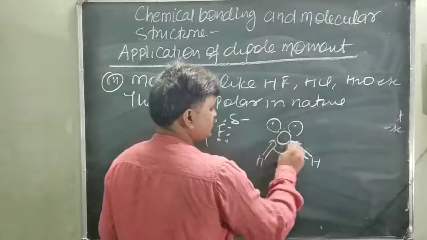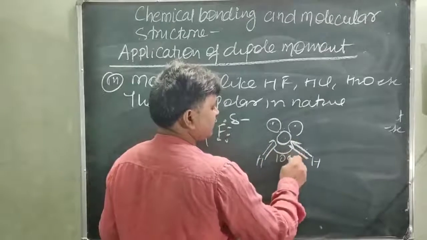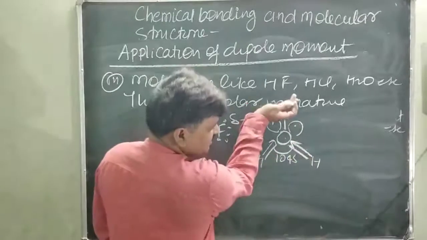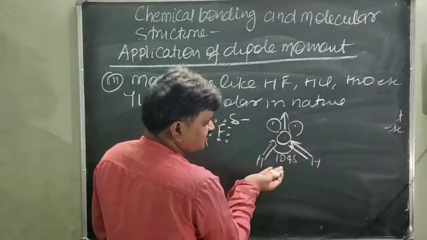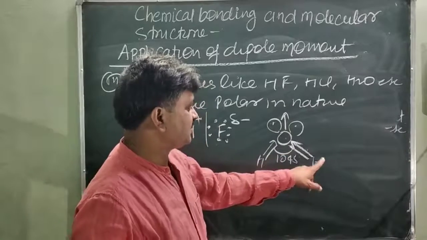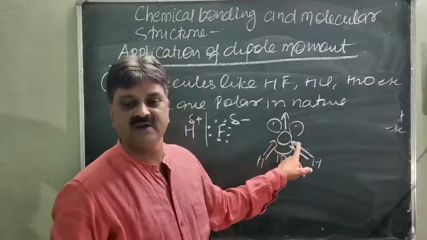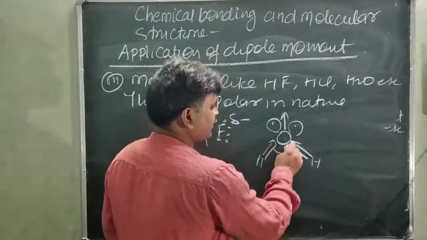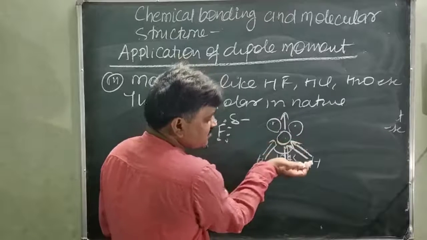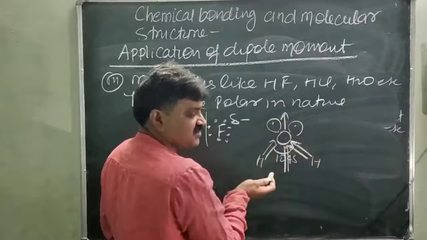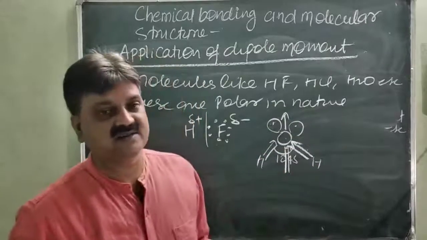It is also a 104.5 degree angle. So on one side the electron density increases, and on the hydrogen side the electron density decreases. Obviously, hydrogen possesses a partial positive charge, and here oxygen possesses the negative charge. The maximum electron density is toward the oxygen. So oxygen possesses negative, here possesses positive. The charge is separated, which means it has a dipole moment.